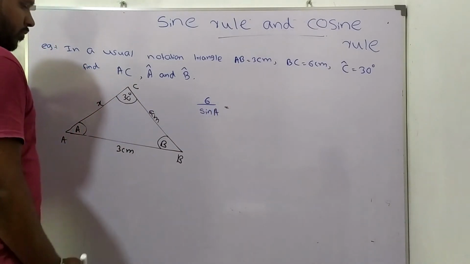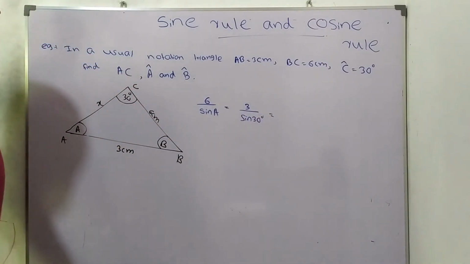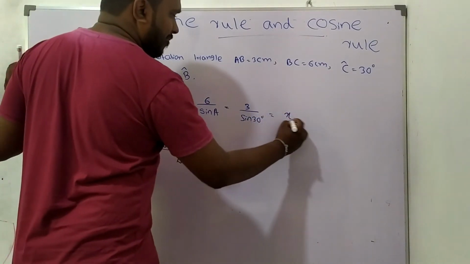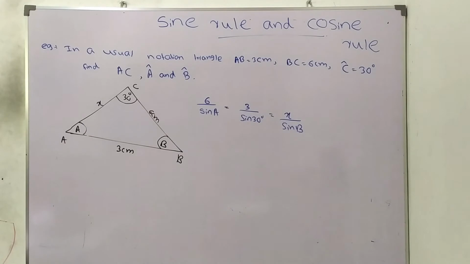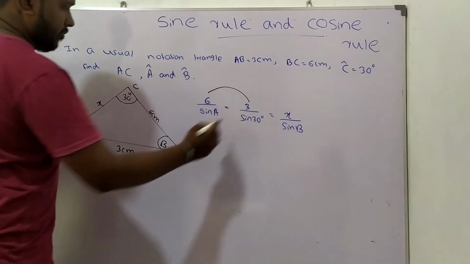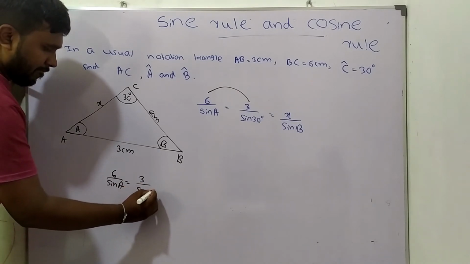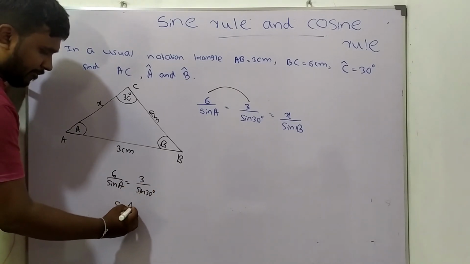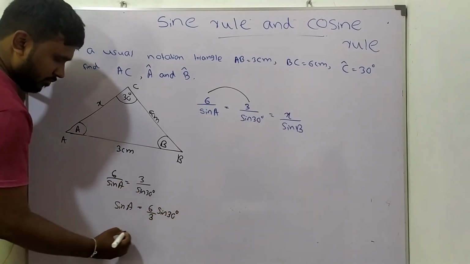Now I'm going to write the sine rule: 6 over sine A, 3 over sine 30, x over sine B. 6 over sine A equals 3 over sine 30, so sine A equals 6 sine 30 over 3.